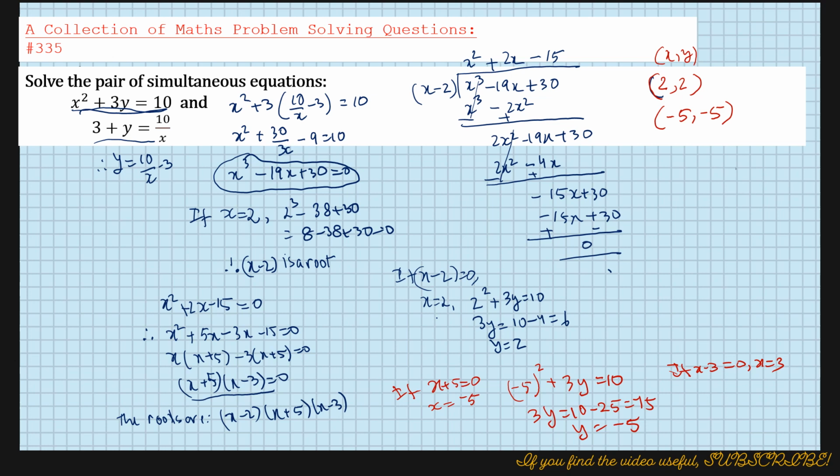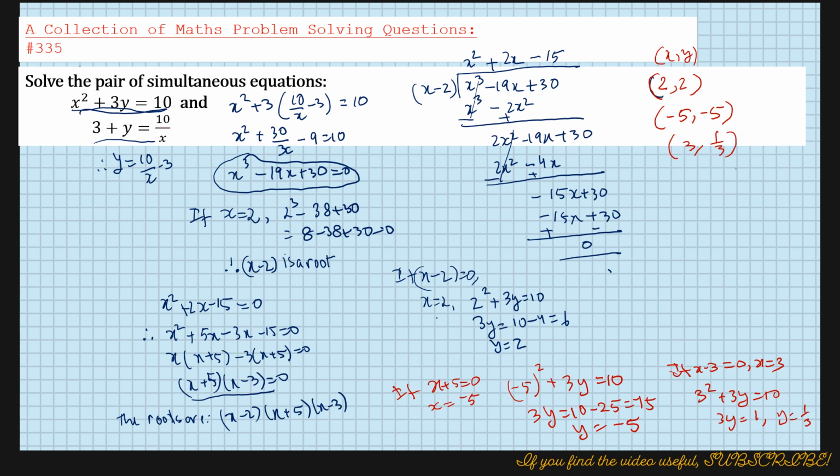So therefore we can say 3 squared plus 3y equals 10. 3y equals 10 minus 9, that is 1, and y equals 1 out of 3. So the other solution is 3 and 1 out of 3.